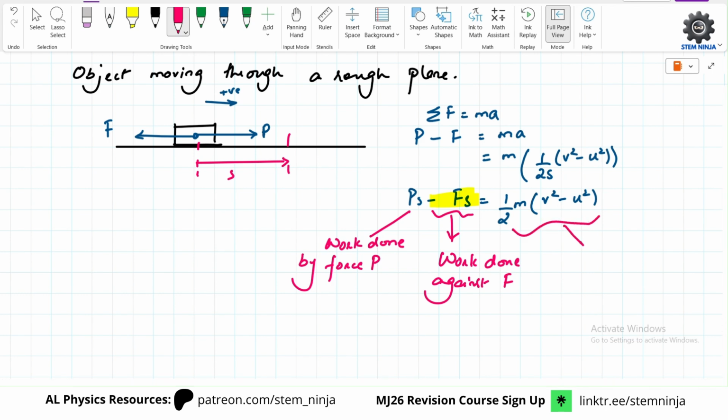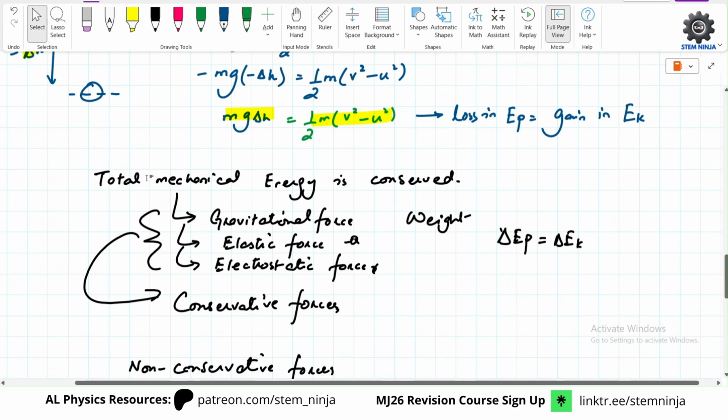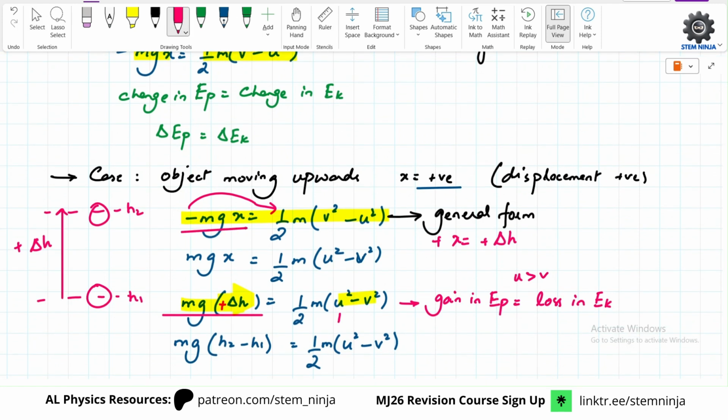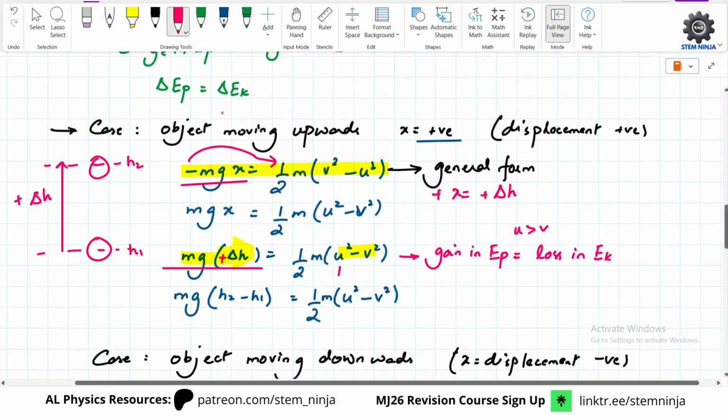And this is your change in kinetic energy. So the minus sign over here, we basically use this same thing over here also, minus mgs. That had the same meaning. You are doing work against gravity. So work done against gravity is equal to change in kinetic energy.